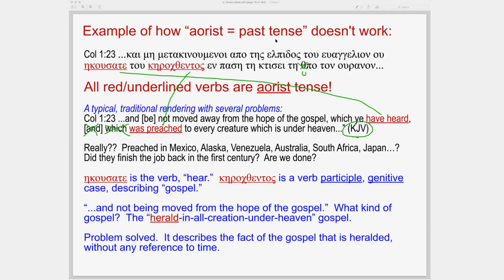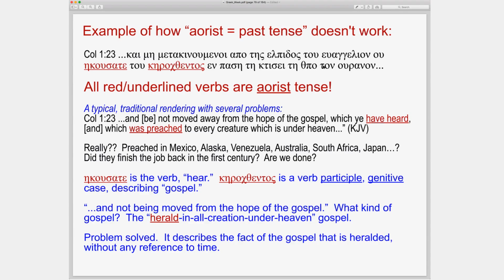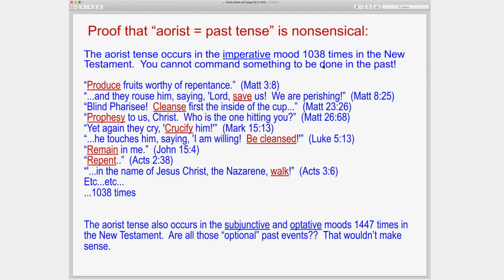Okay, so I'm going to go down to the next thing and then answer a couple of questions there that are on the chat. Proof that aorist equals past tense is nonsensical. The aorist tense, if you look at the paradigm charts of conjugation, occurs in the imperative mood 1,038 times.